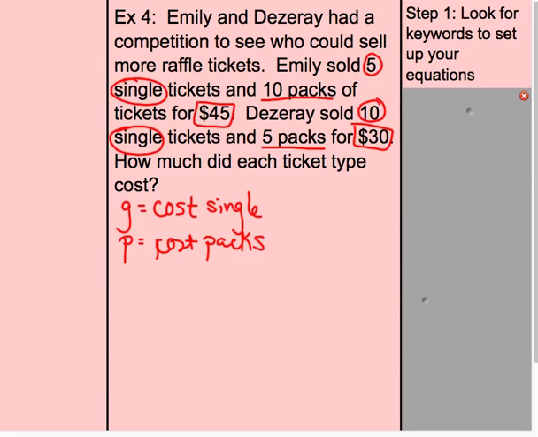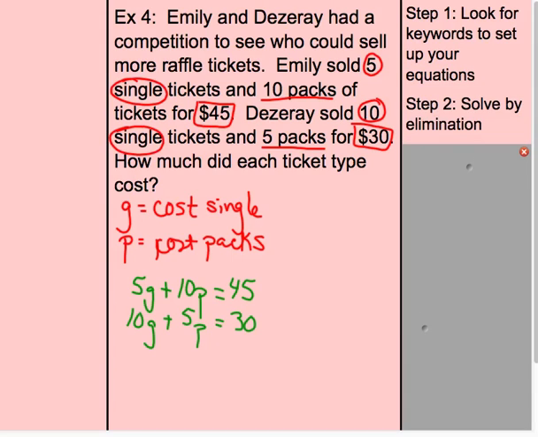All right, once we identify all our keywords, setting up the equation is pretty straightforward. So we've got 5 single tickets, or 5 times the cost of the single tickets, plus 10 times the cost of the packs equals 45. For Desiree, we've got 10 single tickets plus 5 packs of tickets for $30.